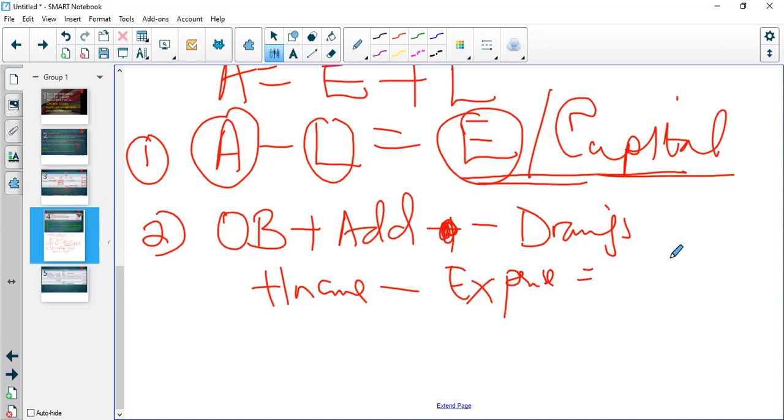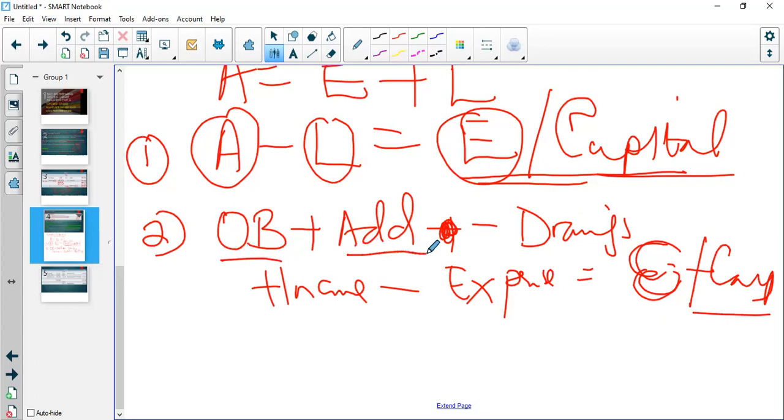So that's going to give us the balance of capital or equity at the end of the year. So we need an opening balance. Then we add additional contributions. Then we remove all drawings. Then we add all the income. Then we deduct all the expenses. We're going to come to equity or capital.